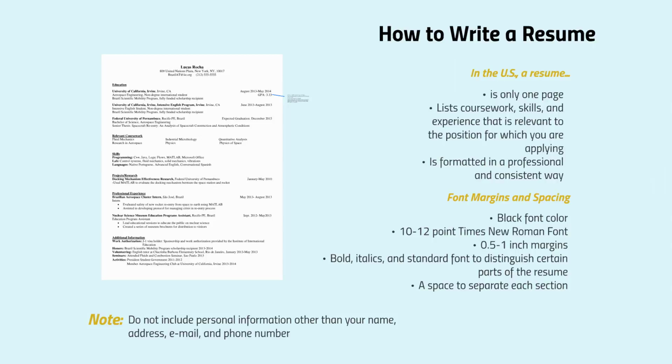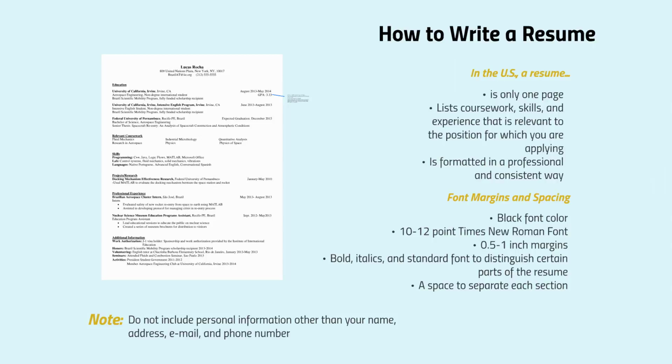So, font, margins, and spacing. This contributes to the whole look of your resume. It should be black font color, 10 to 12 point Times New Roman font, or some other very simple font. The margin should be from 1/2 to 1 inch.